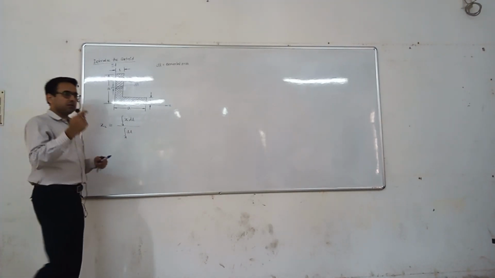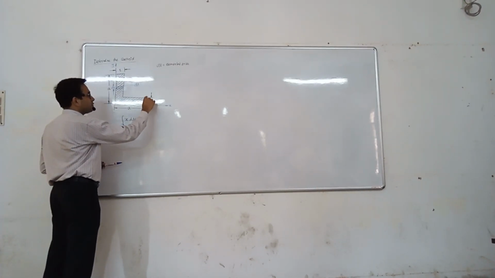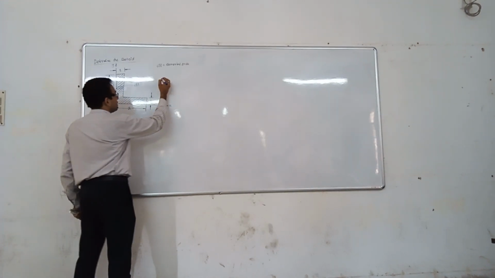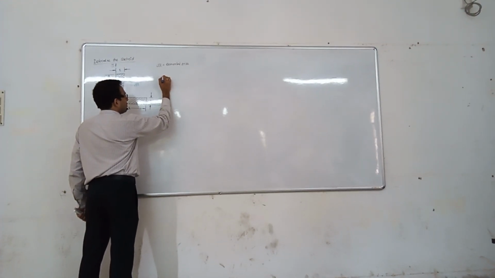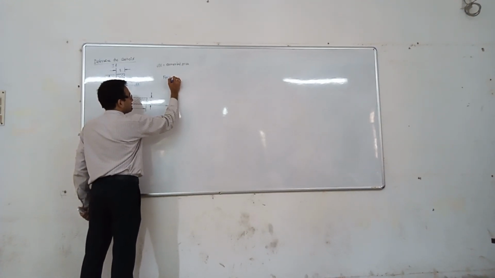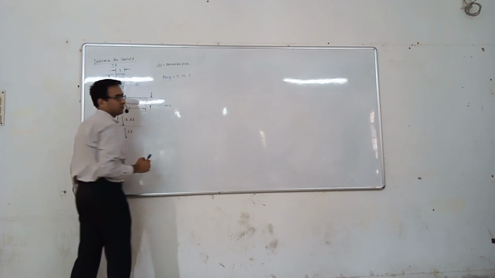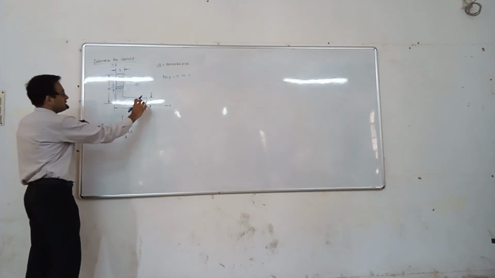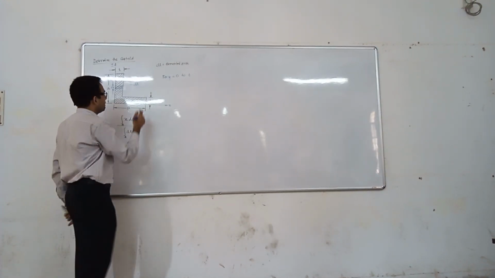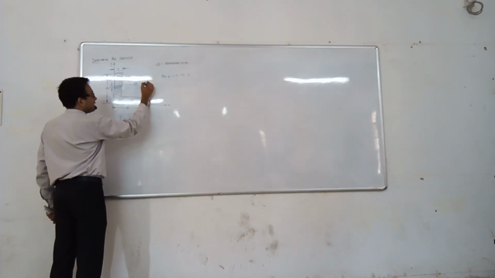I can write that for y from 0 to t, x is equal to a. Because dA is some x times dy.